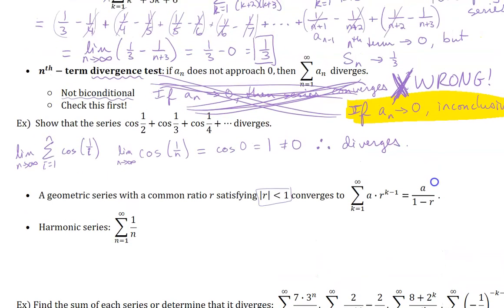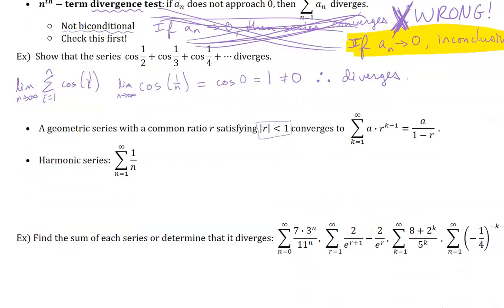So really, the telescoping series and the geometric series are the two where it's easiest to determine what the series converges to. Not just yes or no, does it converge, but what does it converge to, okay? And the formula for that is a over 1 minus r. You might remember this from geometry, the infinite sum, a sub 1 over 1 minus the ratio. Okay, so you've seen this formula before.